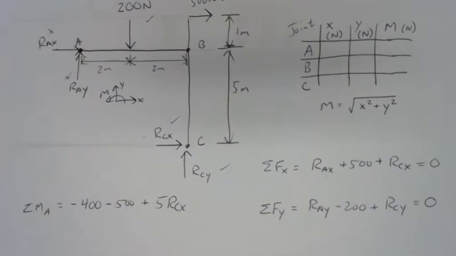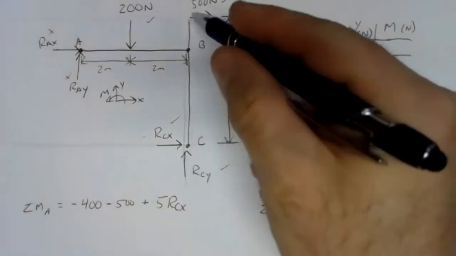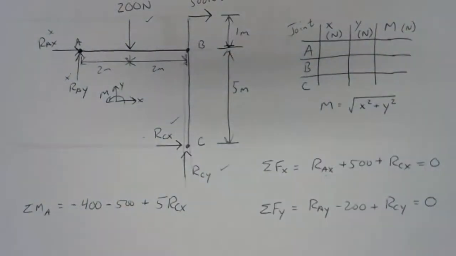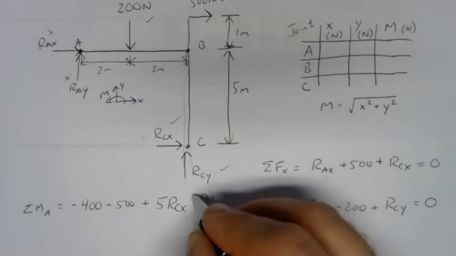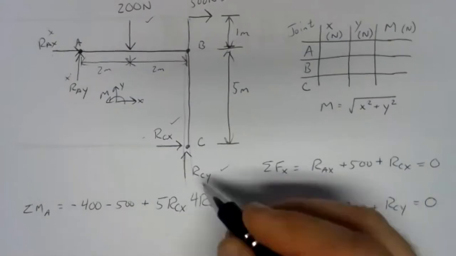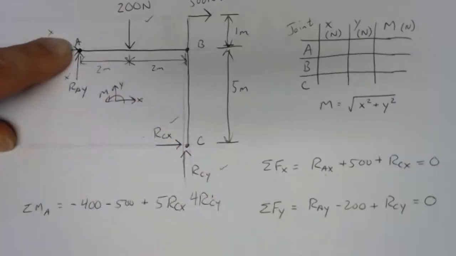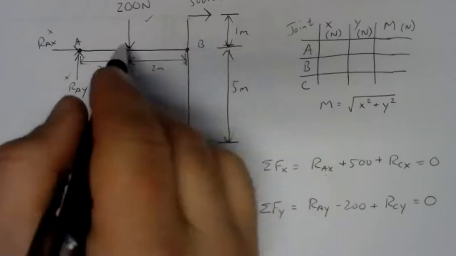So we have plus 5 RCX. Then we've got RCY. RCY's line of action is right here. That's 4 meters away from A. So we have 4 RCY. If we pin at A and we push up at C, that would again be a counterclockwise moment, and counterclockwise moments are positive. So 4 terms in our moment equation, 4 forces causing moments.